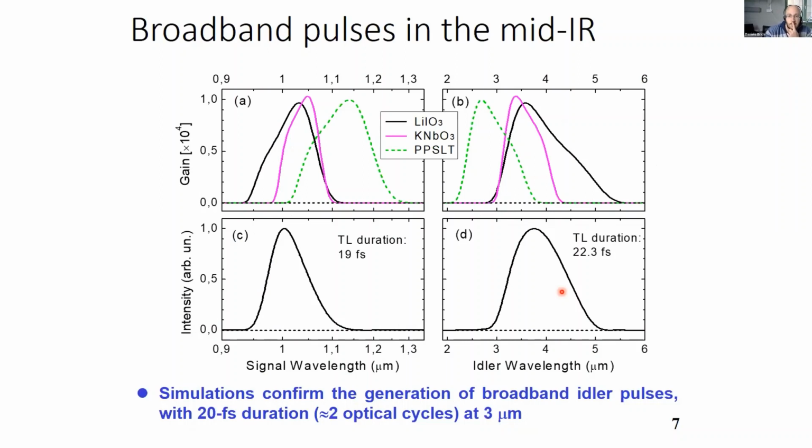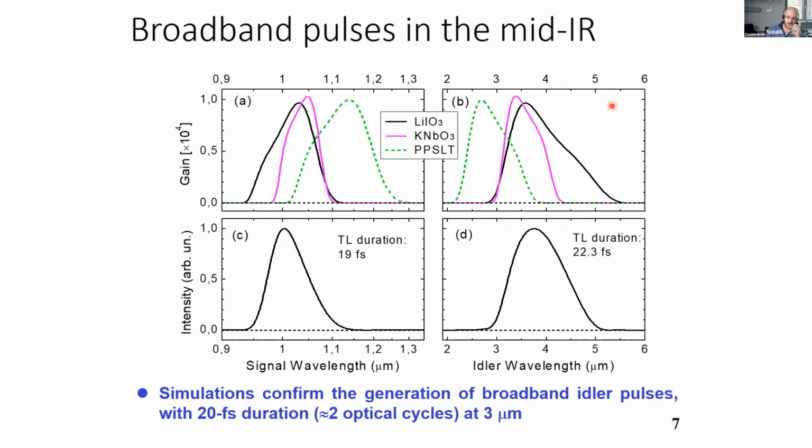If you use an OPA pumped at 800 nanometer based on these materials, if we seed it with these spectra centered between 1 and 1.2 micron, we can easily get broadband OPAs, you see, that are 2000 nanometer broad, between 2.5 and 5 micron.